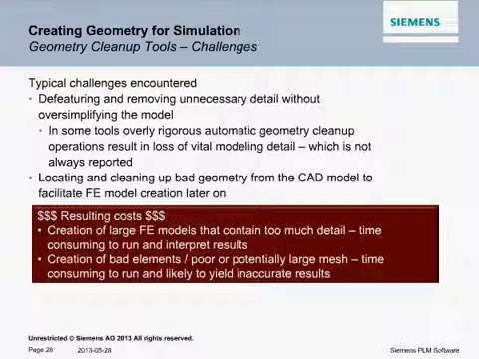A big model is going to produce a lot of results data, so that needs to be a consideration as well. Bad geometry will generally lead to creation of bad elements, which can be detrimental to the mesh creation, again producing large models or even models which contain bad elements, which quite simply give bad results.